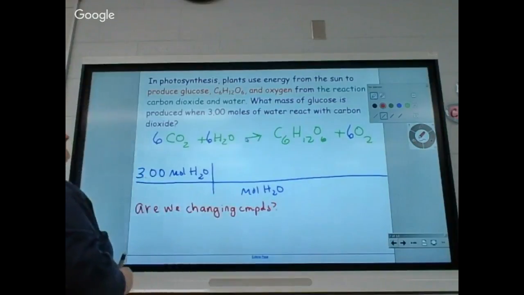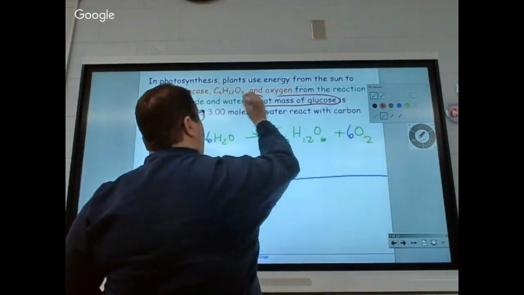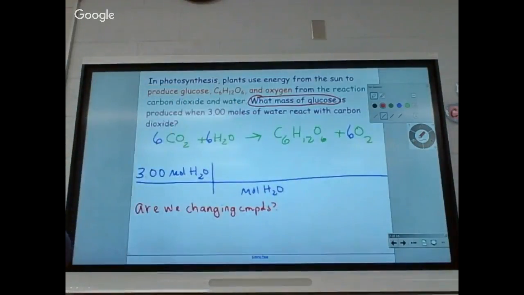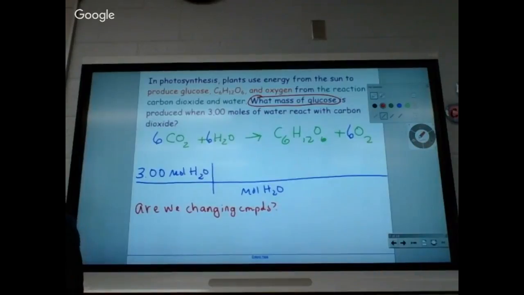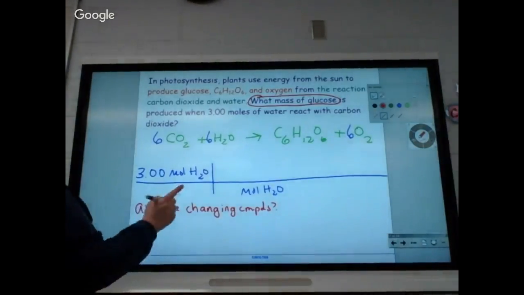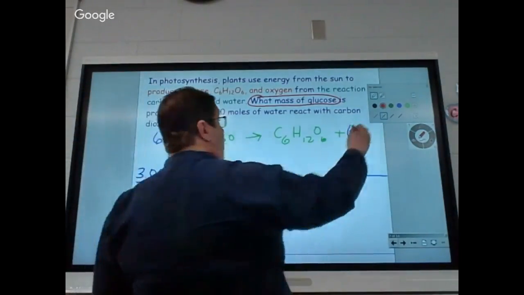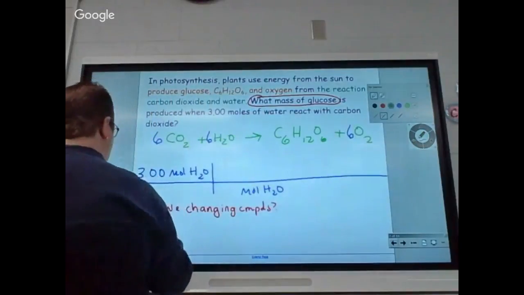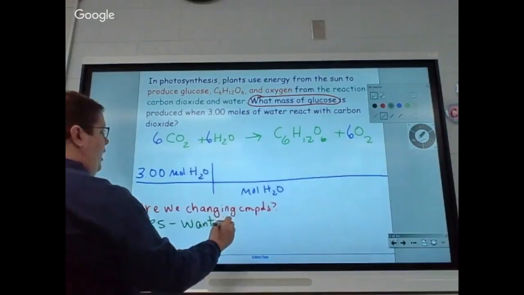What do they want? They want mass of glucose. Every time you read mass, what unit is mass? Grams. So we're changing compounds because we want glucose. So the answer is yes, we want glucose.